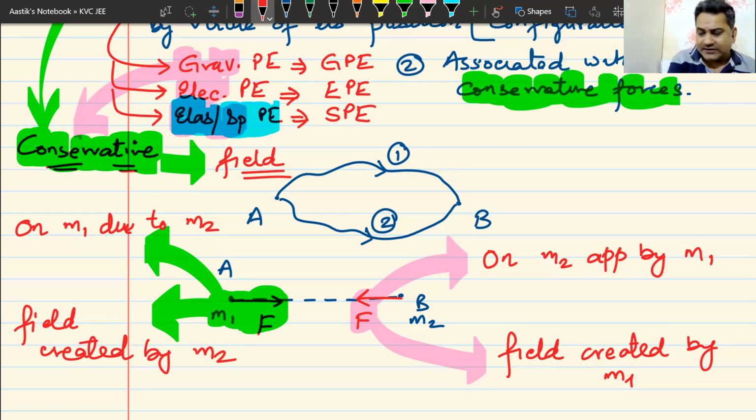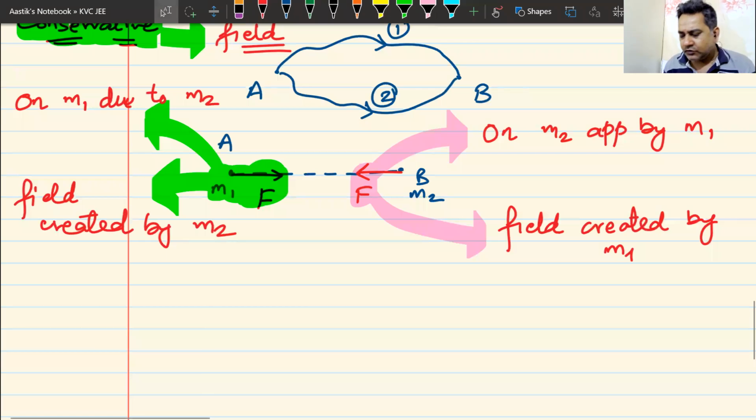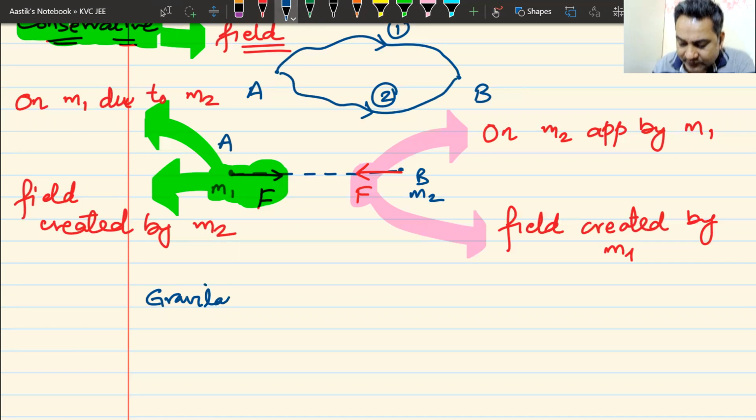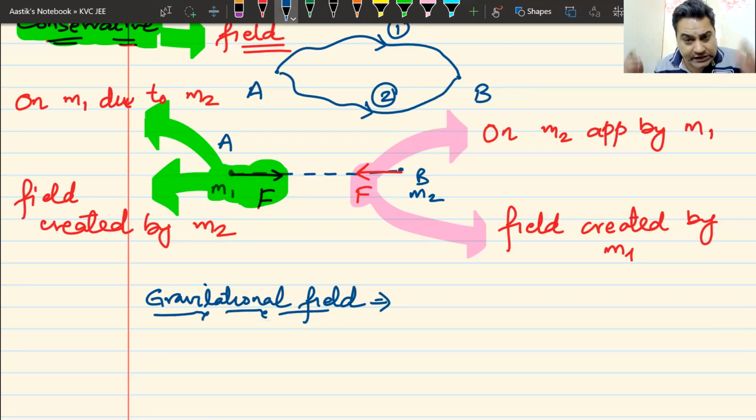What is a field? I will give you a small definition, which is more than enough. Let us understand it in terms of gravitational field, because that is the only force we are concerned about. How will I define gravitational field?